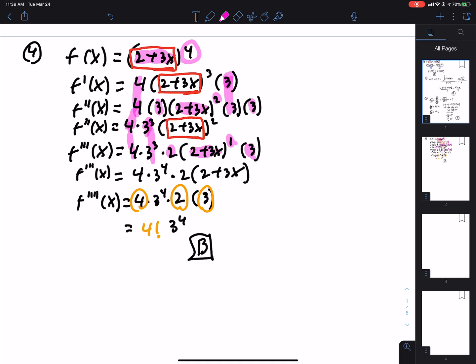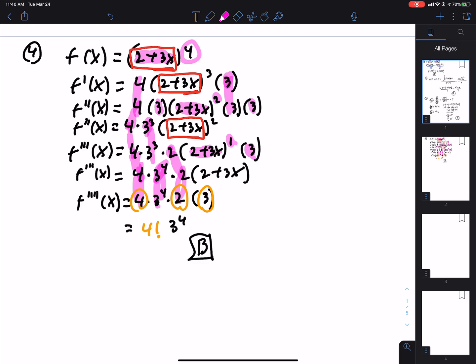So again, we're going to combine the 3's together, so we get 3 to the 4th, and everything else stays the same. The 4 stays, that 2 is going to stay. And now the last derivative, the 4 gets copied, the 3 to the 4th gets copied, the 2 gets copied. I take the derivative inside the parentheses, and that's 3.